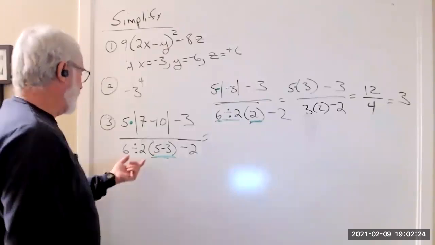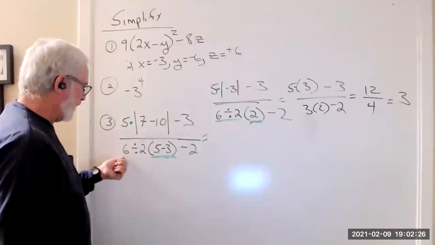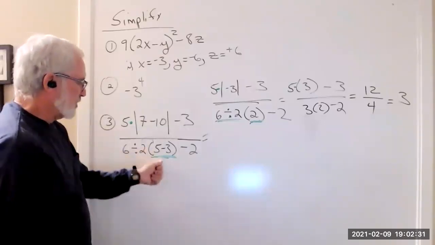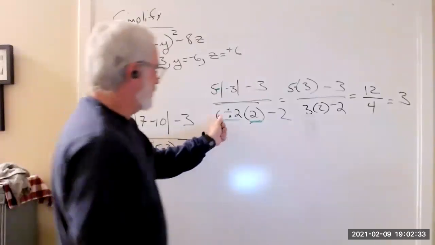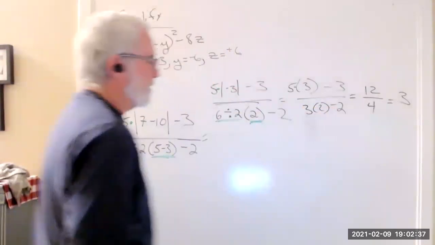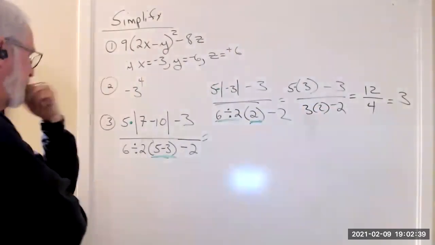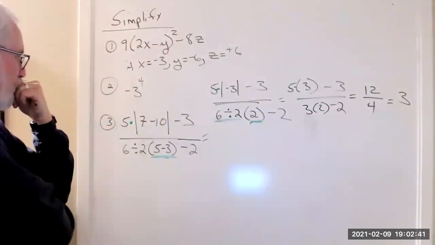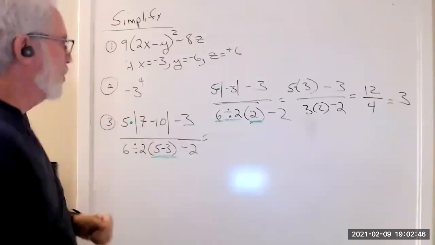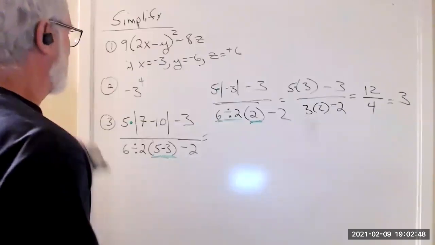But that's why in the PEMDAS rule, you have to go from left to right. 6 divided by 2 first, times this answer. 6 divided by 2 is 3 times this answer minus 2. I'm not sure what you did. We'll come back and revisit that a little bit later, maybe.